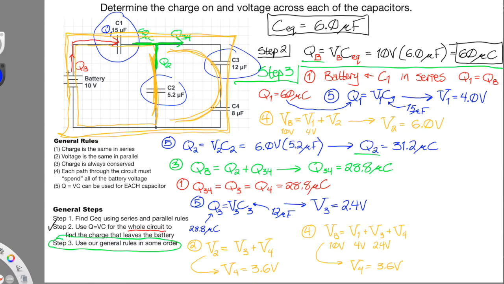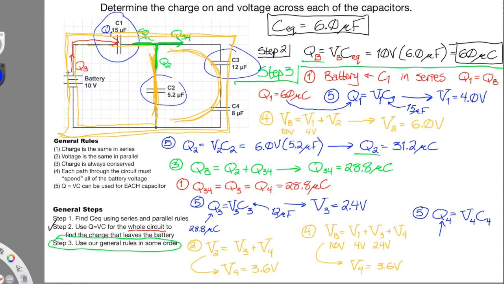Last but not least, we could have just used general Rule 5 again. Q equals VC for an individual capacitor, meaning the charge on capacitor 4 is equal to the voltage across capacitor 4 times the capacitance of capacitor 4.